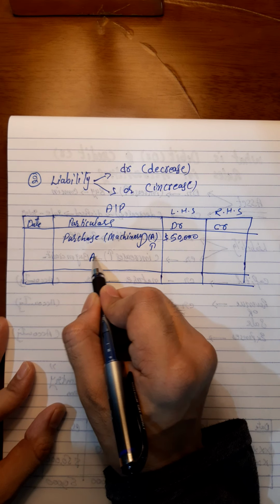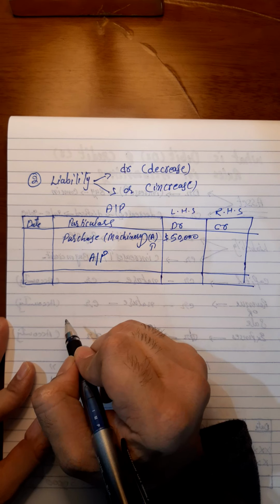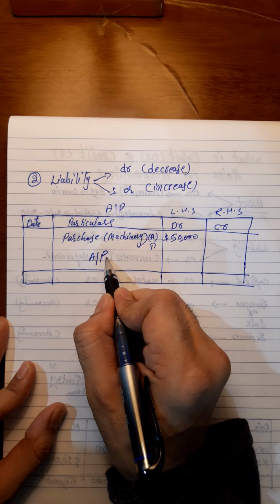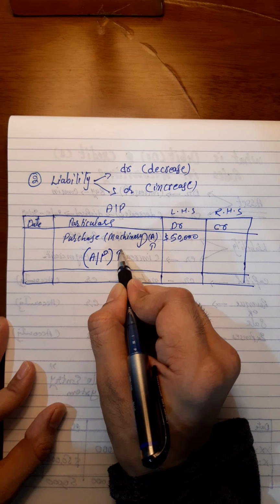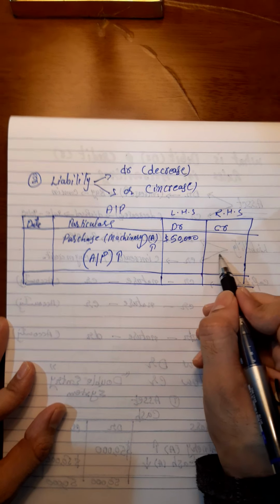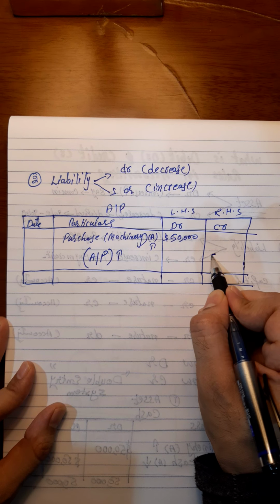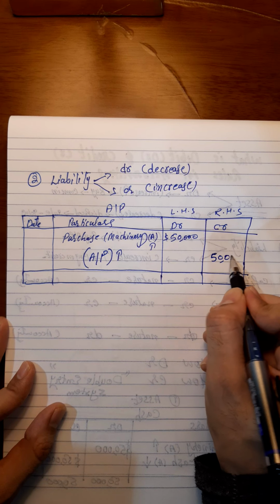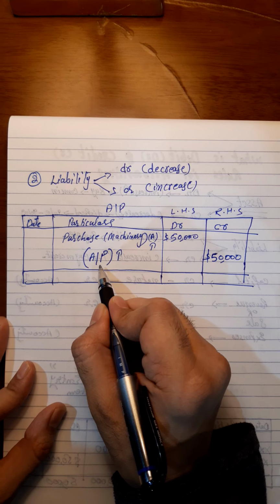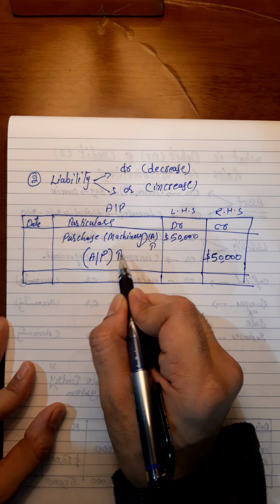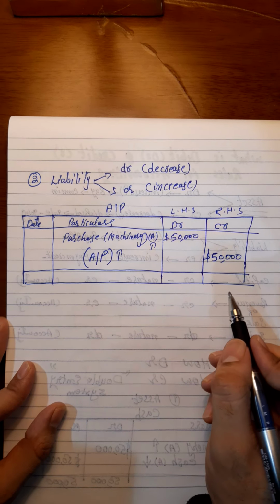So this will become our account payable, right? Our account payable will increase, and therefore the liability account payable will be credit. Account payable is our liability. It will increase because we purchase on credit.